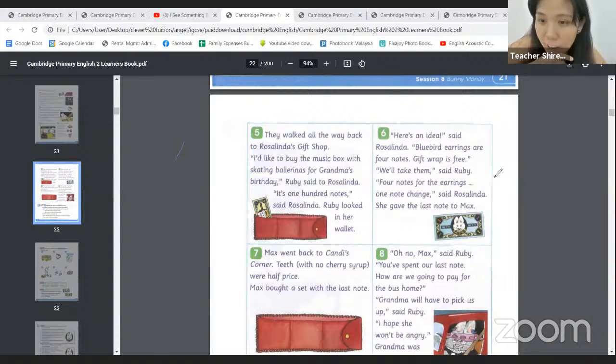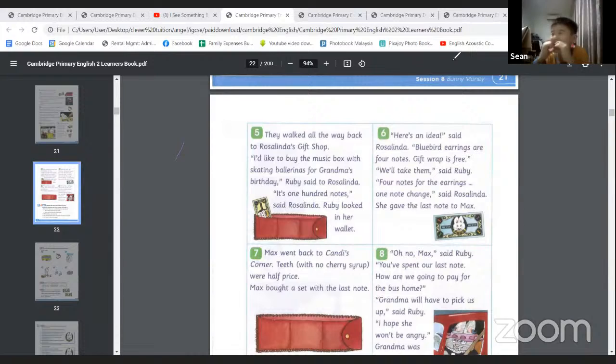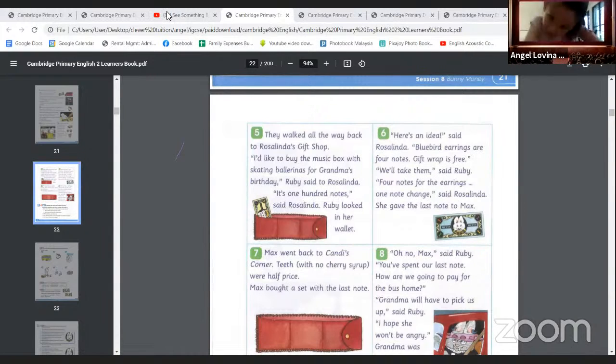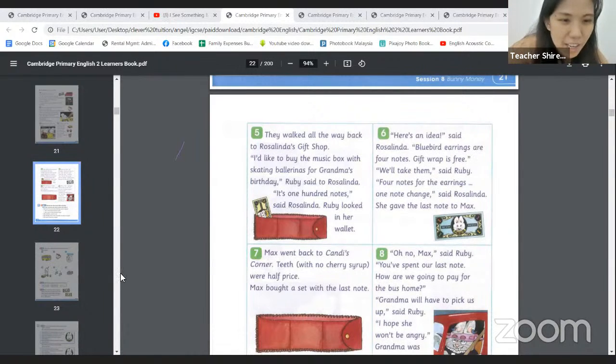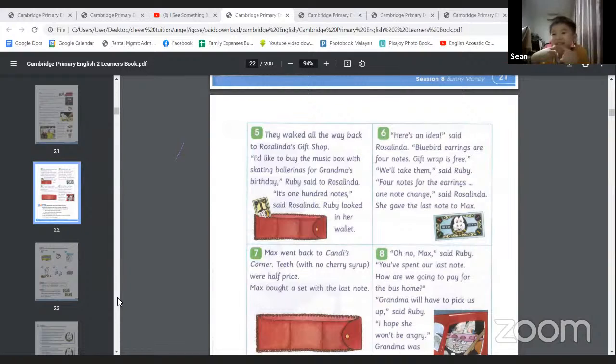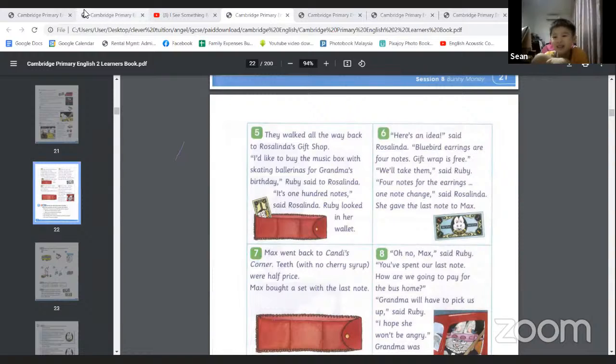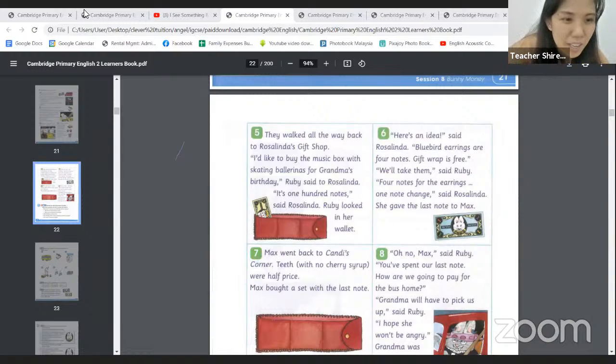And then a fairy appeared and gave him money. Okay, Ruby. Very good. The fairy appeared and Ruby got the money to buy the present and go home.